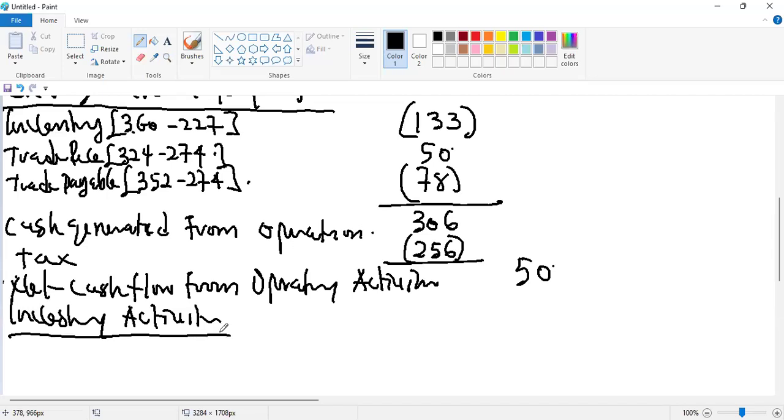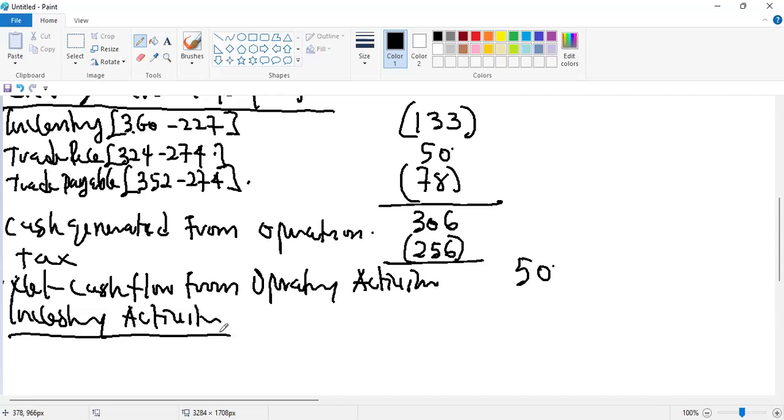Buy and sell, but in the majority of questions, we don't calculate the sale. The sale is waiting for me in additional information. We don't calculate that. The major calculation we do in investing is, did it buy an asset? That's the only thing we do.